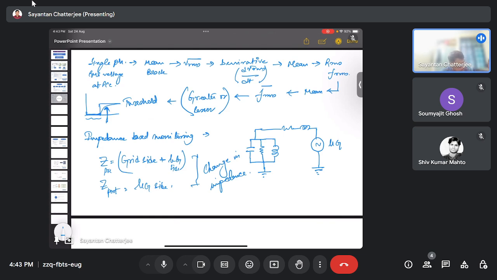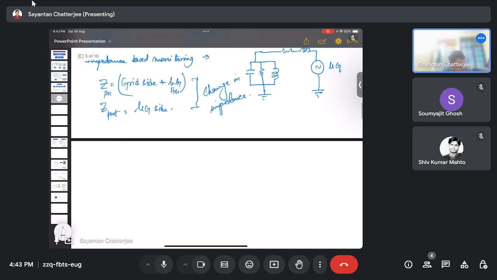Now again we have a technique, the rate of change of frequency, with which we can detect whether the microgrid is islanded or in the grid connected mode of operation. If we find the change in frequency, like omega in rad per second, the d/dt of that would give hertz per second.